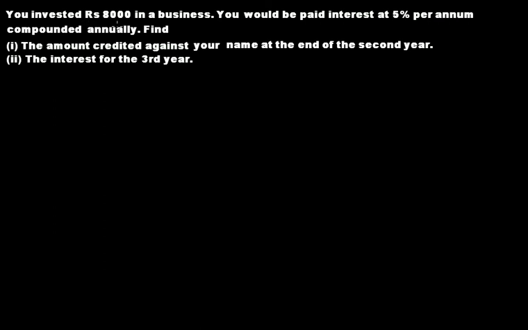You invested rupees 8,000 in a business, you would be paid interest at 5% per annum, compounded annually. Fine. The amount credited against your name at the end of the second year, the interest of the third year. Two things. It's asking that you have to tell the amount you'll get at the end of the second year. Suppose you invested in business rupees 8,000.